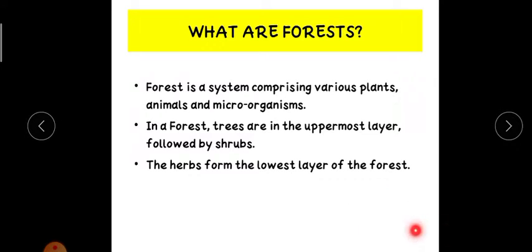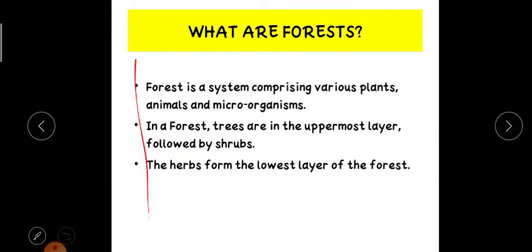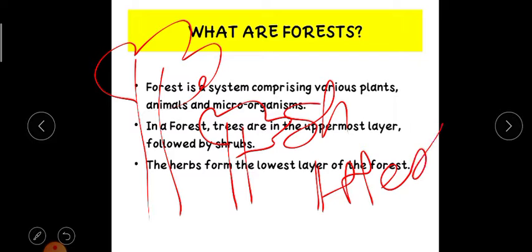Then on the floor you will see the grass. How does it go? First you will see the big trees, then the shrubs, then herbs, and then the grasses. This is how the forest system is arranged.